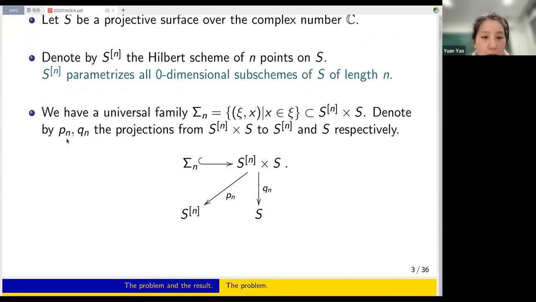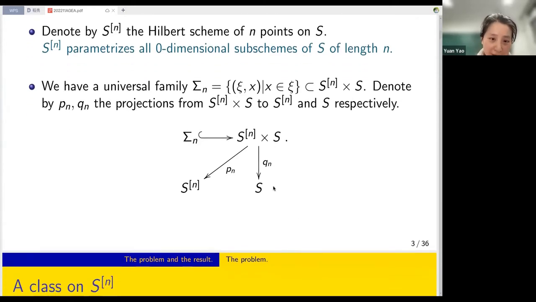So now we have this diagram. We denote by P_n and Q_n these two projections, and the universal family is a closed subscheme of S^[n] times S. These are all well-known facts, I think.